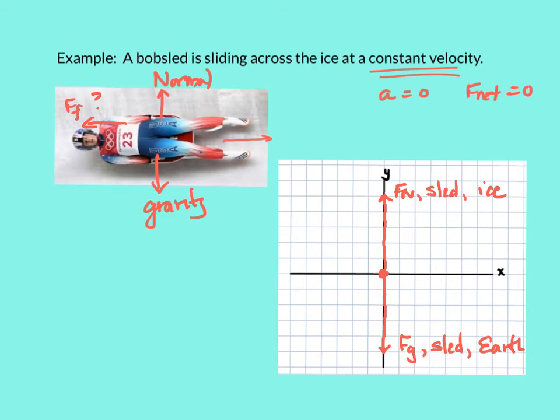Now, if I include friction, what's the force moving to the right that's canceling that out? So it must be that friction is not involved here, because if I tried to draw a force here, I'd have a net force in that direction, because there is no force acting to the right. There's nothing pushing the bobsled forward anymore, so these are not there.